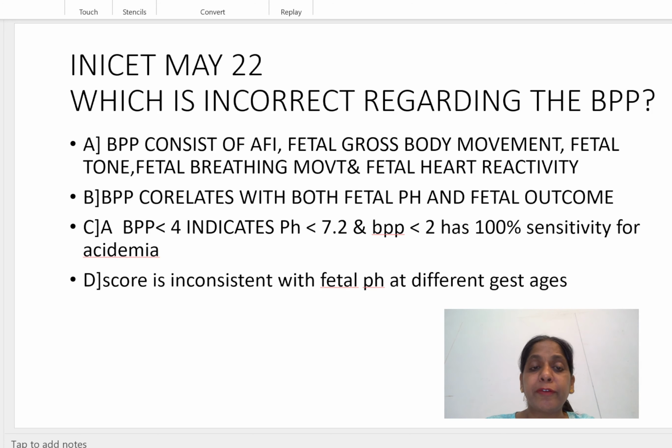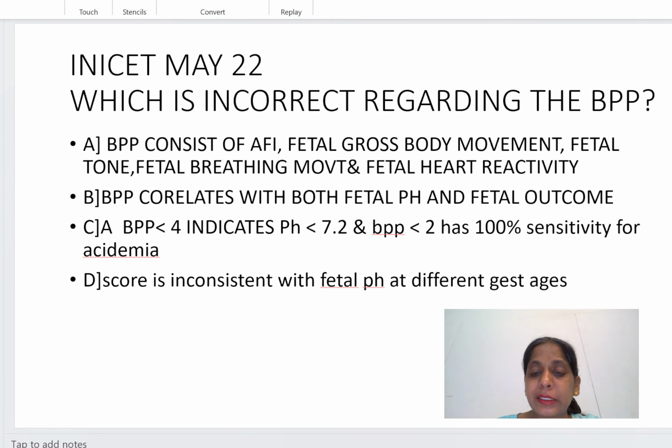Next: biophysical profile less than 4 indicates pH less than 7.2, and biophysical profile less than 2 has 100% sensitivity for acidemia. Last: score is inconsistent with the fetal pH at different gestational ages. So here the D point is incorrect, the rest all 3 points are correct, and the score is the same with fetal pH at all the ages.